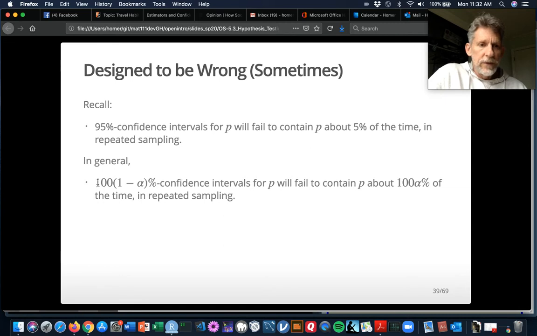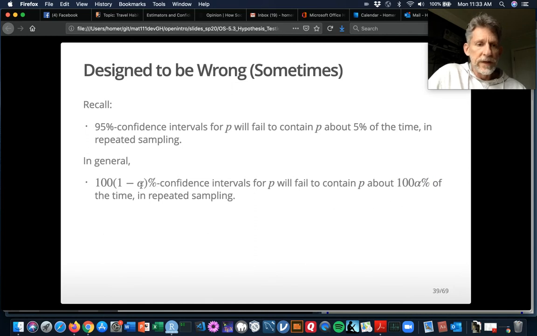In general, if you make a confidence interval of any particular level, say choose a number alpha between 0 and 1, and you make a 100 minus alpha % confidence interval, then it's going to fail to contain the population proportion 100 times alpha % of the time in repeated sampling. Like if your alpha is 0.05, then 100 times 1 minus it turns out to be 95%, and you'll be failing to contain the population parameter 100 times 0.05, 5% of the time.